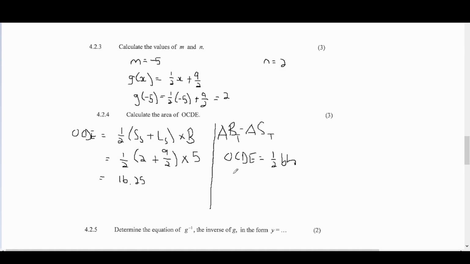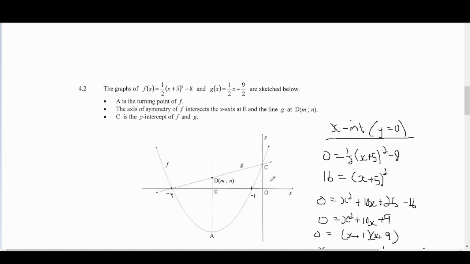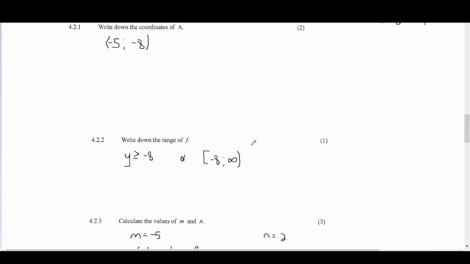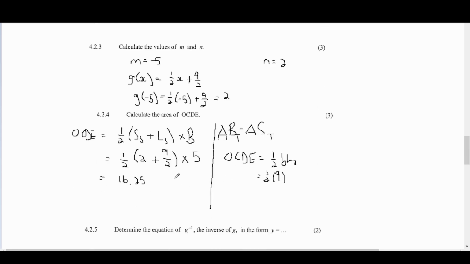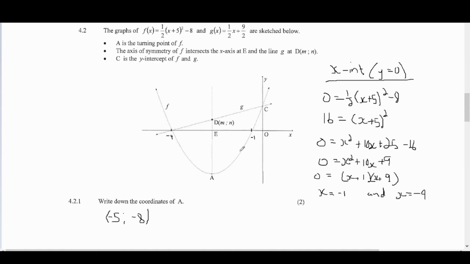So going all the way back, we now have our base is equal to a half, 9. Do we have our height? Our height would be c over here, and we have c, I believe, from our previous one, 9 over 2, was it? Yeah, like the long side. Yeah, 9 over 2.